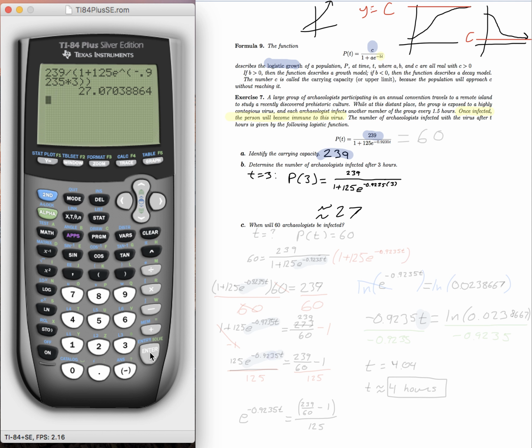Now those people can all infect one member of the group in another hour and a half. In the next section, we want to know, when will 60 people be infected? So in this case, we are looking for time.